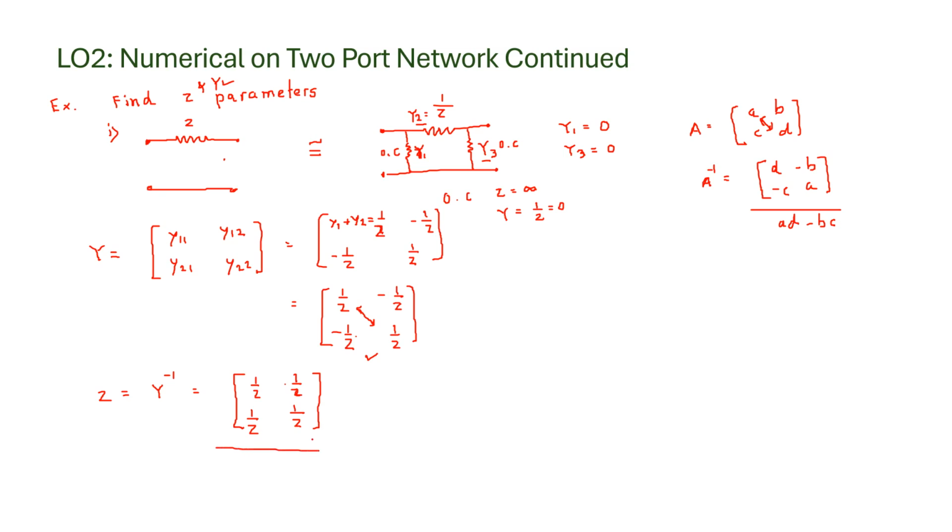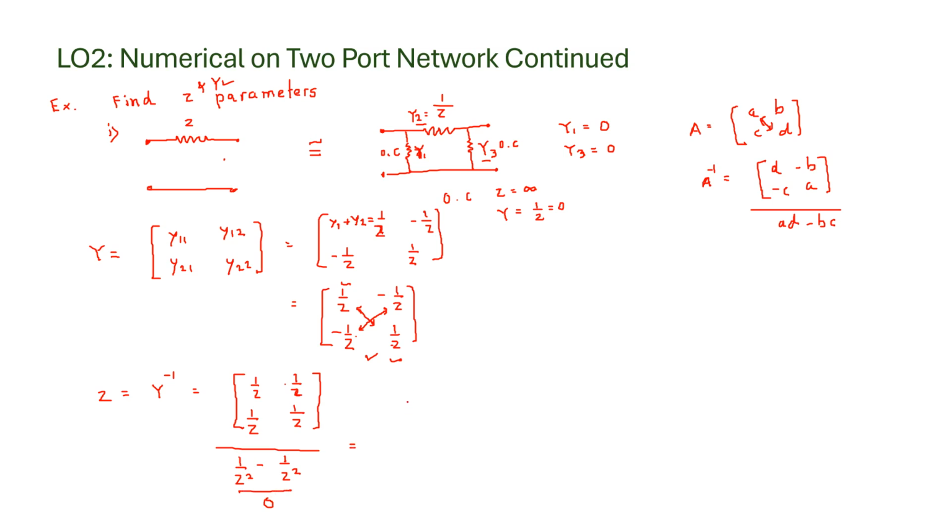This is divided by the determinant of the matrix. The determinant is 1 by z into 1 by z, so 1 by z square, minus minus minus gives plus, 1 by z square. So 1 by z square minus 1 by z square leads to 0.